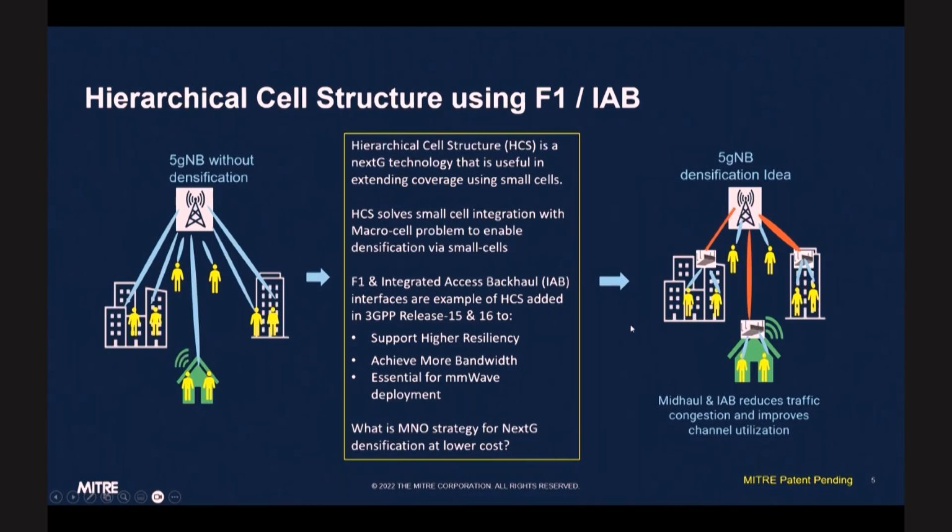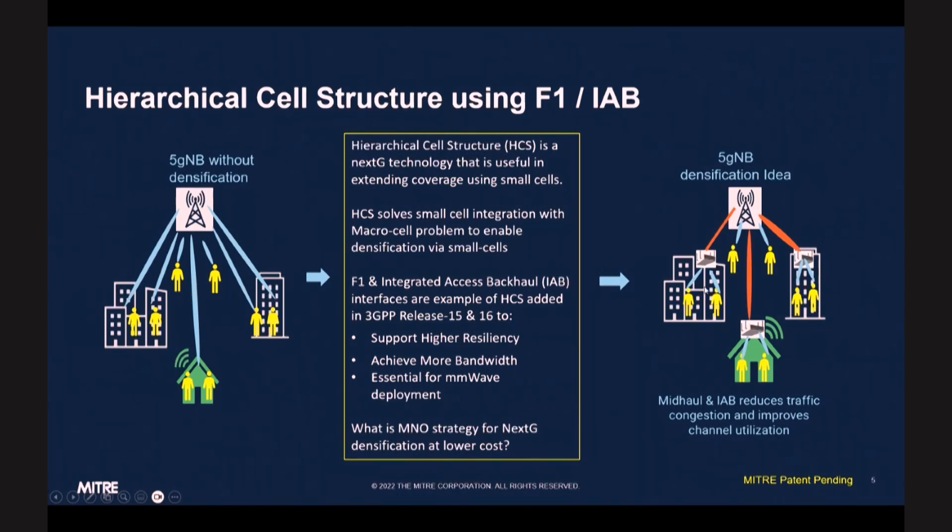By connecting the campus RAN to the MNO via mid-haul, we are essentially extending the macro network by connecting the small cells, which are the campus RANs, to the macros, extending the access inside.